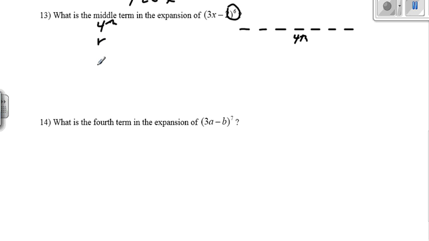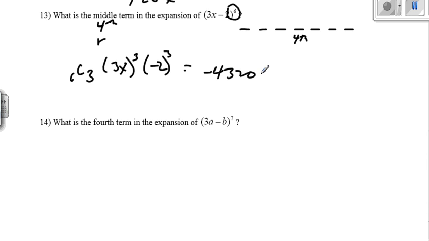So if that's my r, I know this is going to be 6C3 times 3x to the 3rd times negative 2 to the 3rd, which is going to give us negative 4320 x to the 3rd. Good.